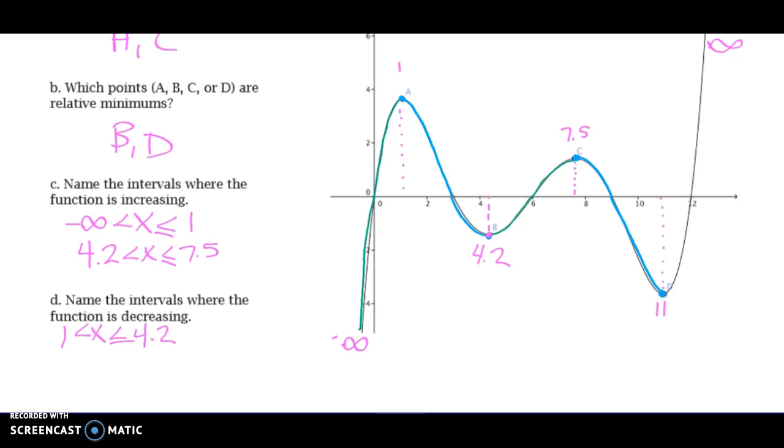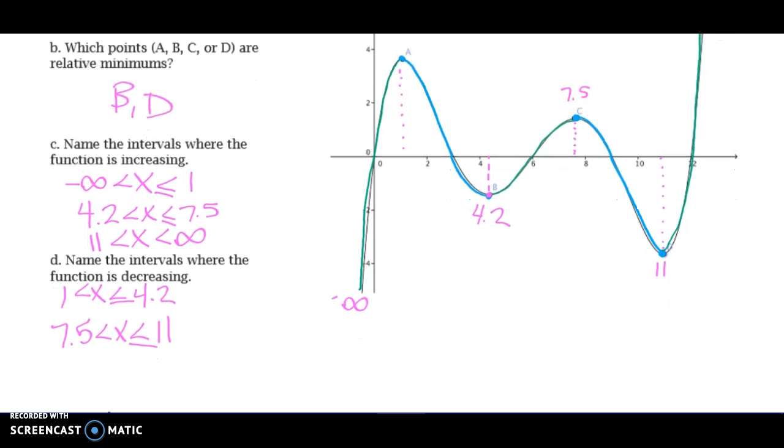Well, from 7.5 to 11. First time I use the 11, it gets an equal sign. And lastly, increasing from 11 on forever. So from 11 to infinity, and plus or minus infinity never gets an equal sign. And so that is all finished.